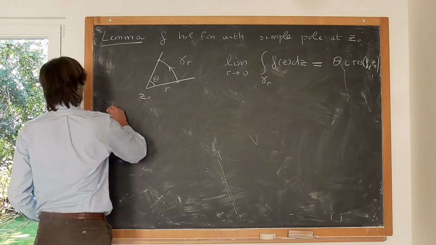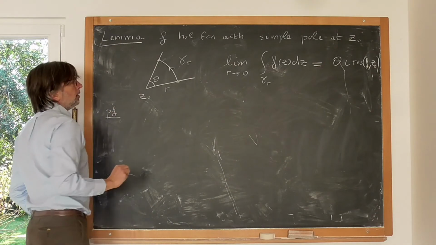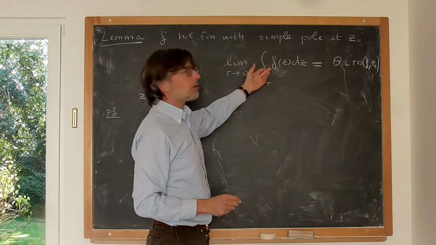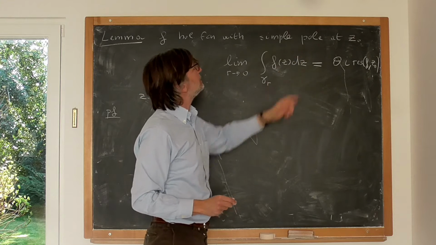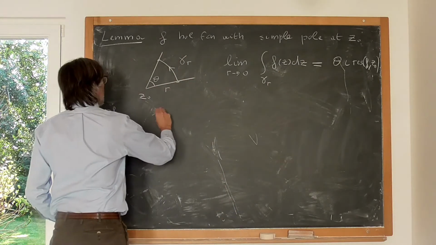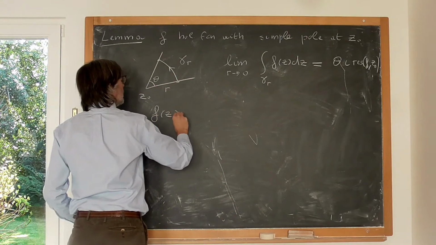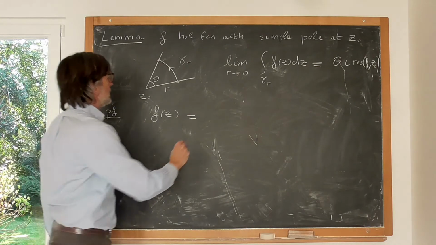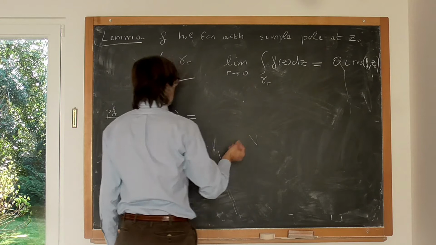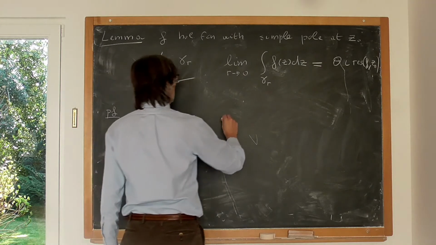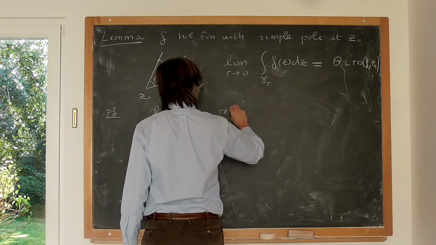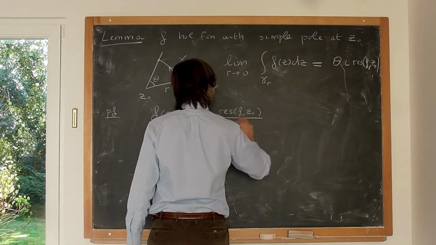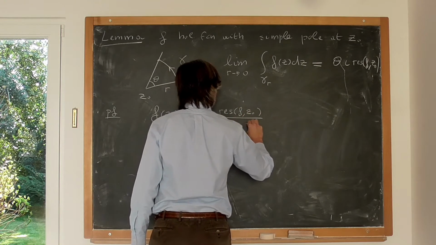Okay, how do we prove this formula? We can just write down the Laurent series expansion of f at z0. The pole at z0 is simple, so it means that the principal part of the Laurent series is just the residue at z0 divided by z minus z0.